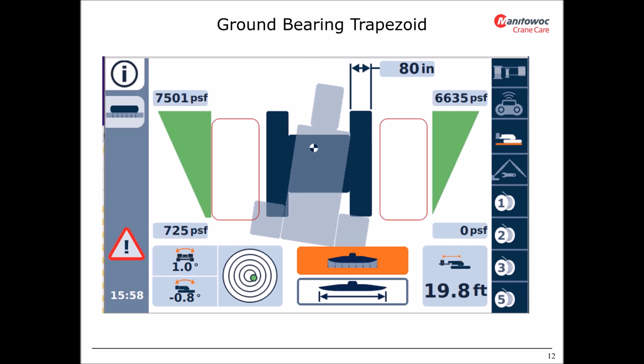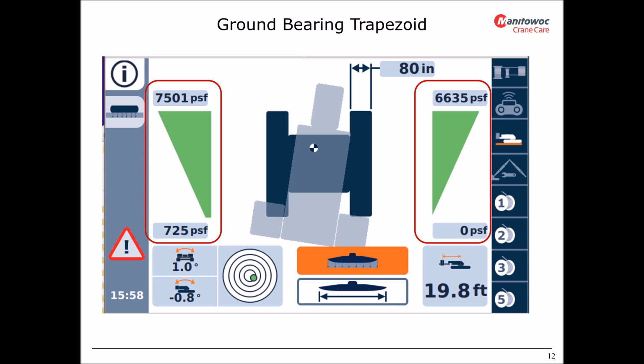If the ground bearing pressure distribution is such that one or more corners are not taking any load, the number in the box will show 0 PSF or kPa, and the trapezoid will turn to a triangle where the length of the side of the triangle along the crawler represents the contact length. For example, if the theoretical contact length is 50% of the total crawler length, the side of the triangle adjacent to the crawler will be only half of the length of the crawler.